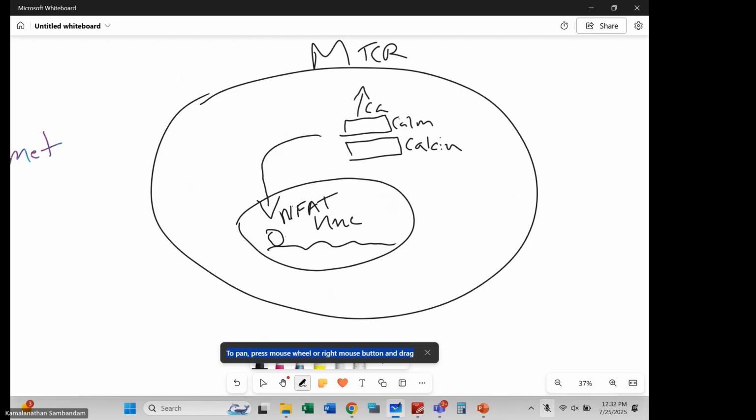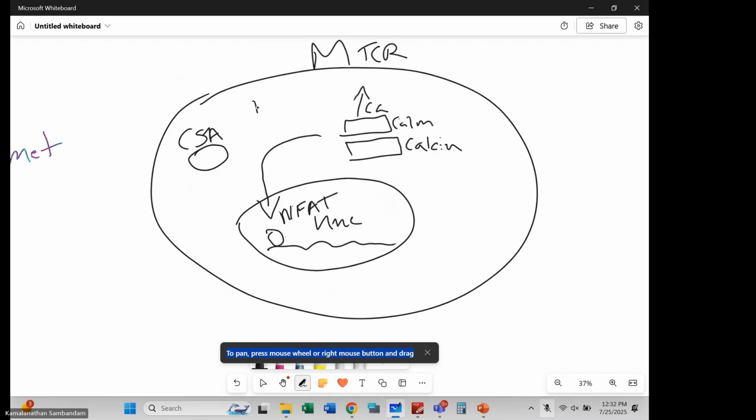So when I use a calcineurin inhibitor, I am inhibiting this process of T cell activation, which involves transcription. When I give you a calcineurin inhibitor like cyclosporin, it binds with intermediaries called cyclophilins.